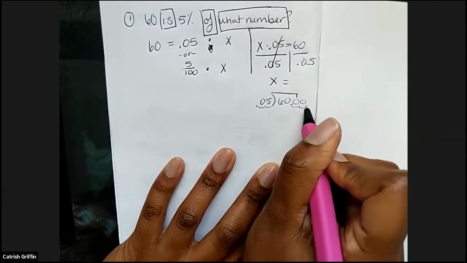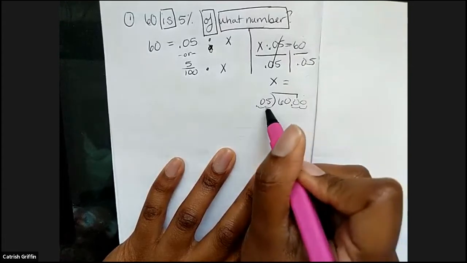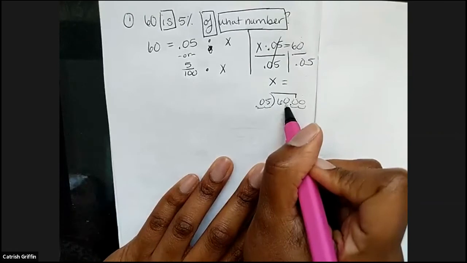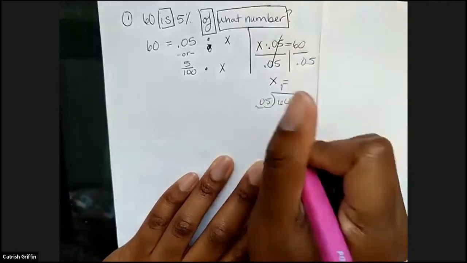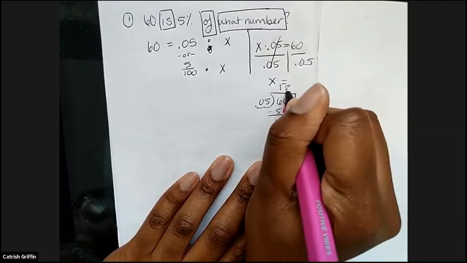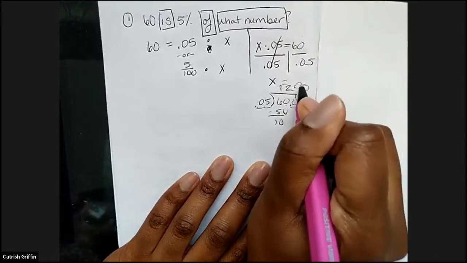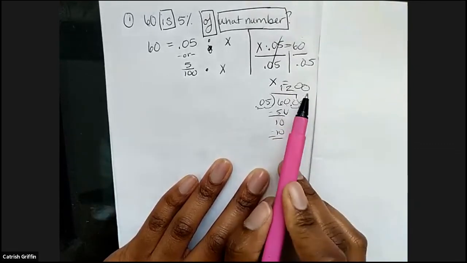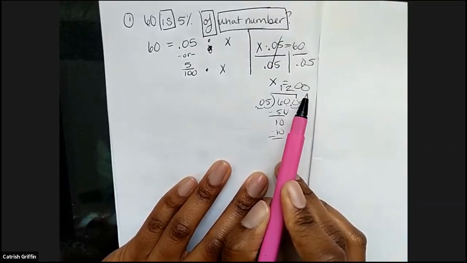So that means here I need to also move my decimal 2 places. And then I would divide 5 into 60. When I did that, I would get, 5 into 6, 1. And then subtract, bring that down. I get a 2 there. It's going to be 120. Zeros. Thank you. Well, 2 zeros. So 1,200.